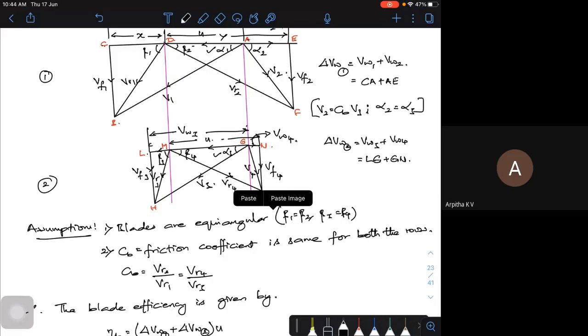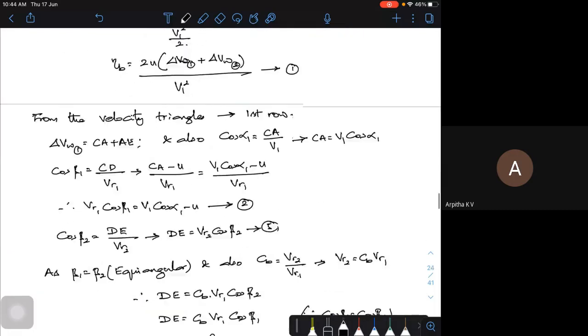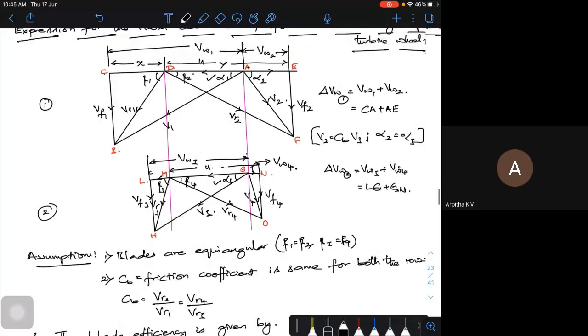Or I can write Lg by V3 as Cb into V2 cos alpha 2. Yeah, what is cos alpha 2? I have written somewhere. Cos alpha 2, I can write it as AE by this thing.